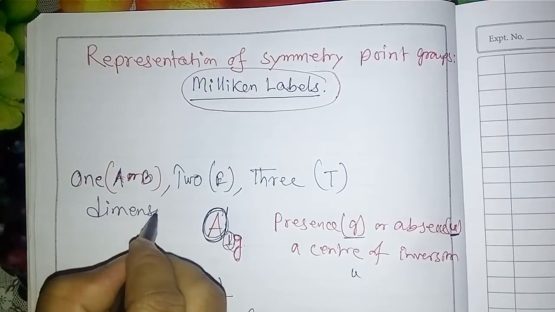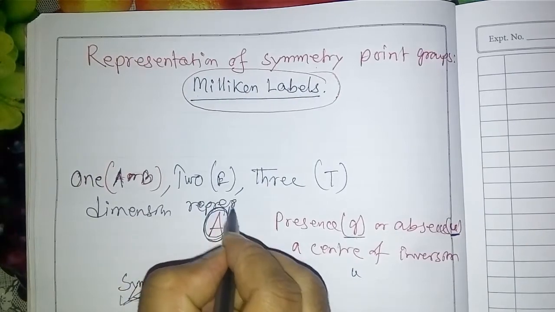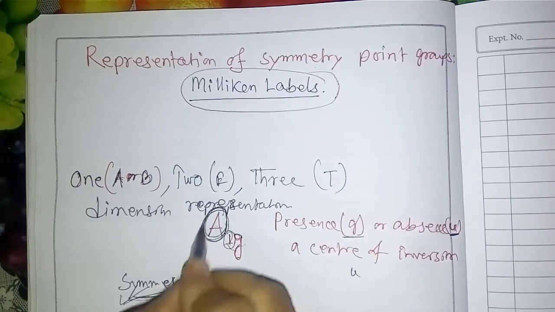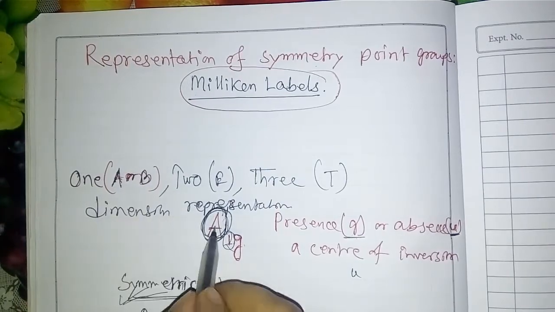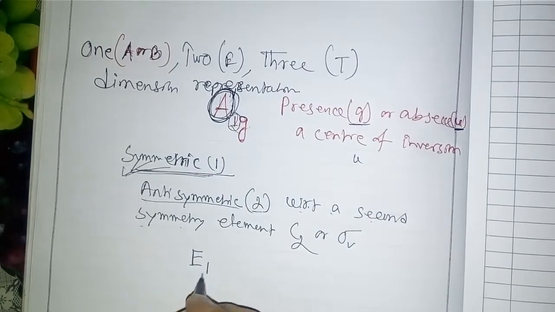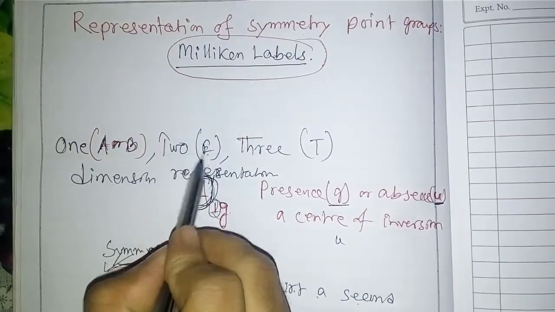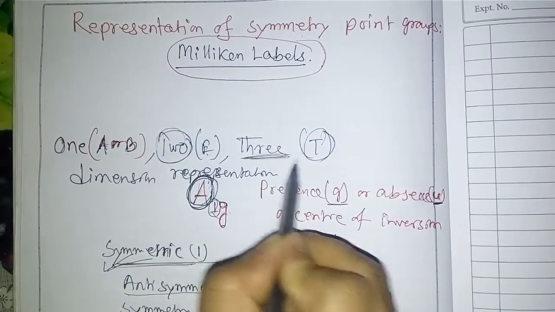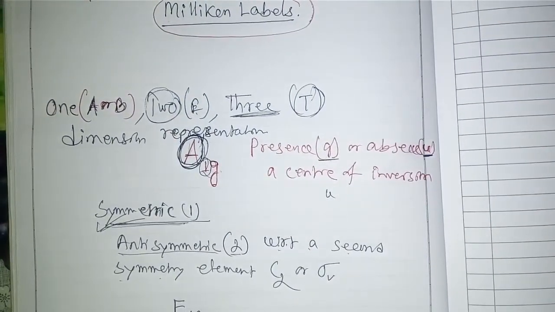So in dimension representation, if A or B, that means 1 dimension. If here like this, suppose E1g, then if E, then 2 dimension. If T, then 3 dimension. Okay, this is dimension representation.